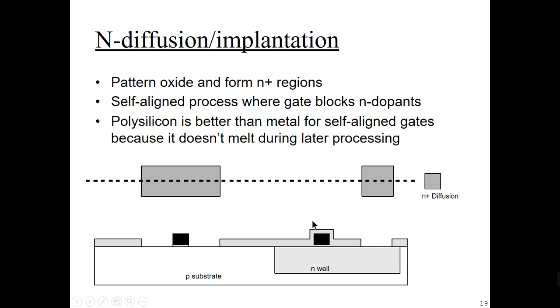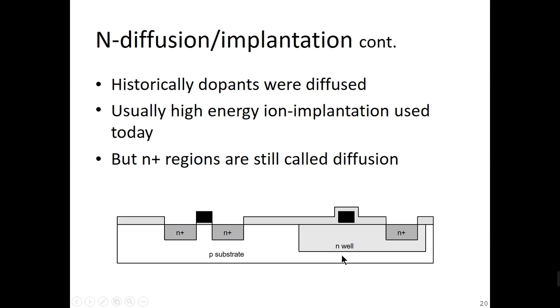Coming to the diffusion concepts, pattern the oxide and form N regions. In the self-aligned process the gate blocks the dopants. Polysilicon is better than metal for self-aligned gates because it does not melt during later processing. See here, this is the NMOS transistor and this is the PMOS transistor.